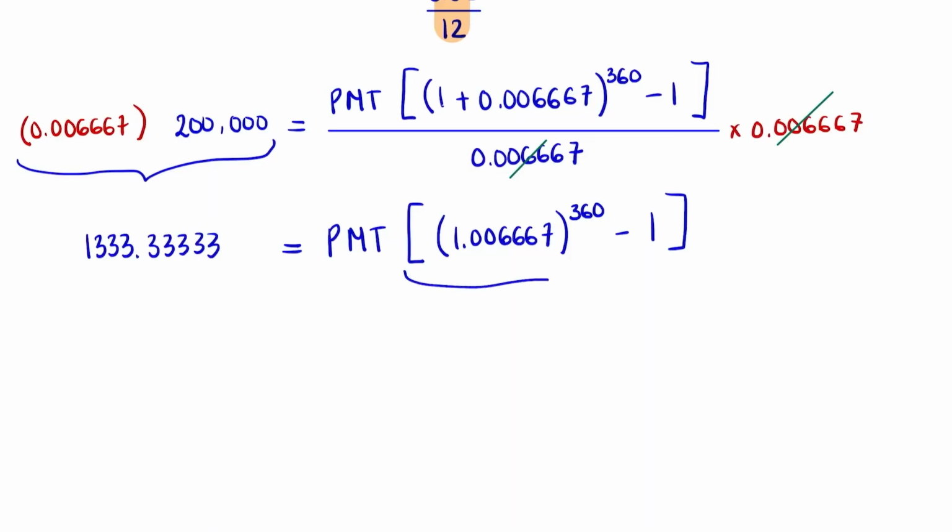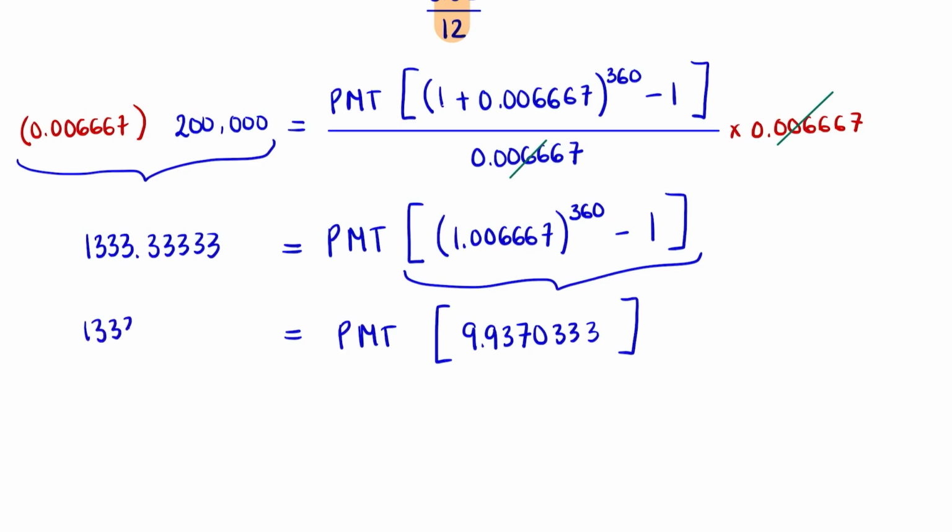So this whole bracket is replaced with 9.9370333, and that is multiplying by PMT equals to 1333.33333.